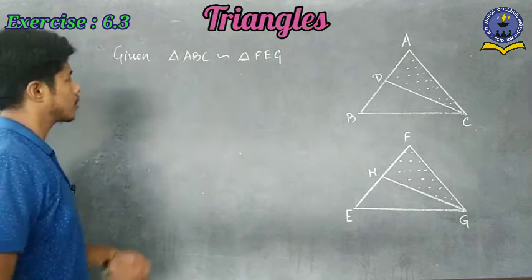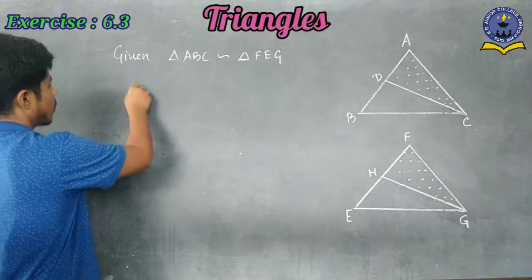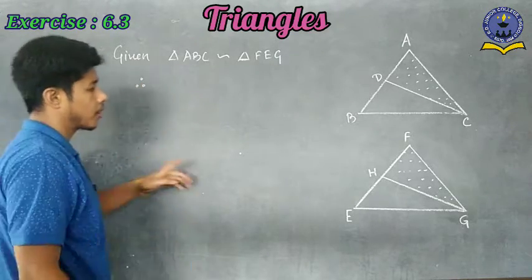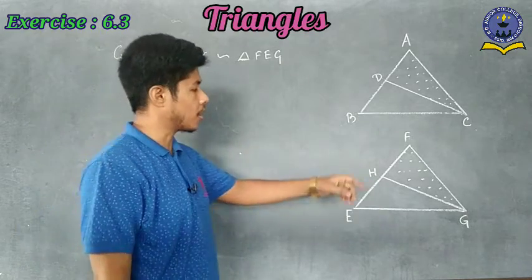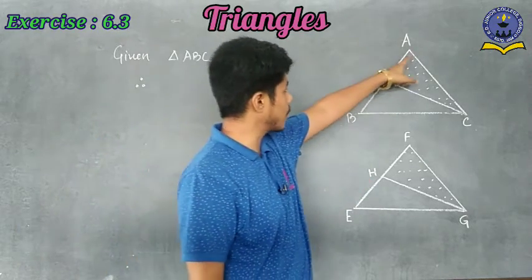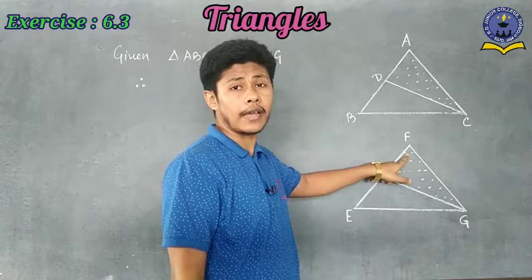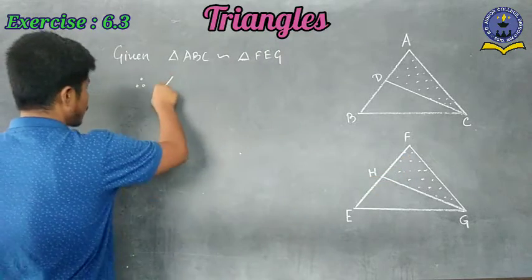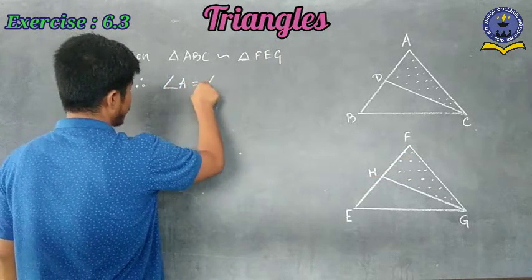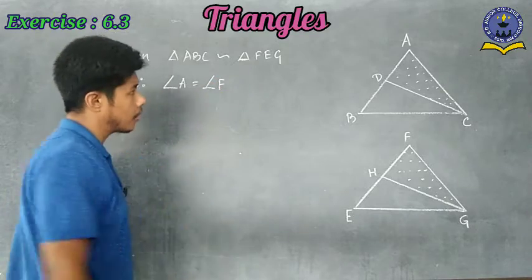So these two triangles are similar. Therefore the corresponding angles are also equal. That means we can write angle A is equal to angle F. Is it clear?